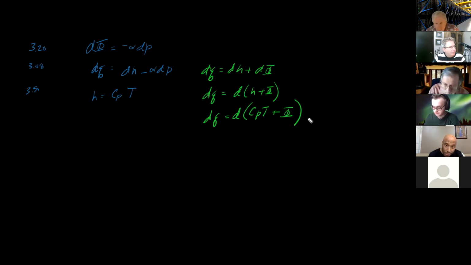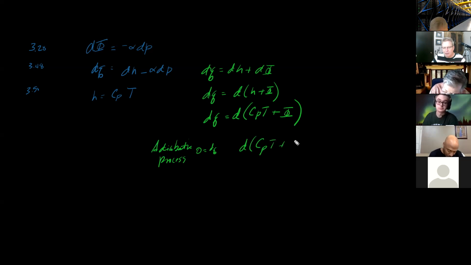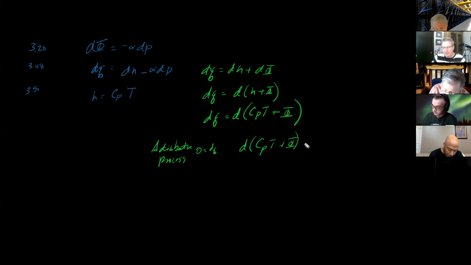You guys ready for something really cool? Because this is where life gets really cool. In an adiabatic process, 0 equals dq, which means d(CpT) plus d phi must equal 0, right?